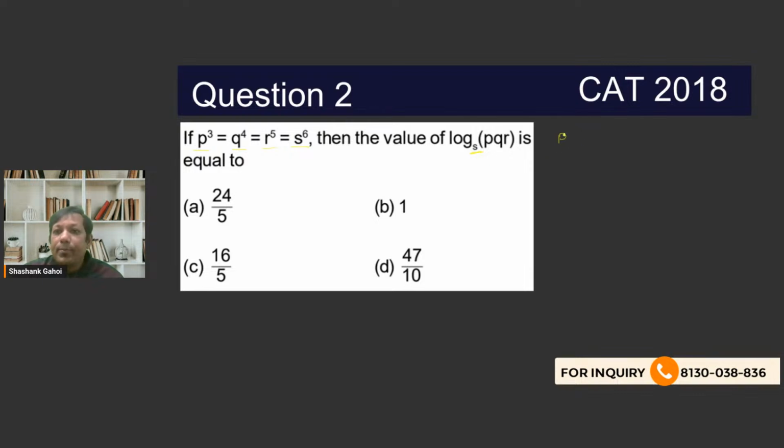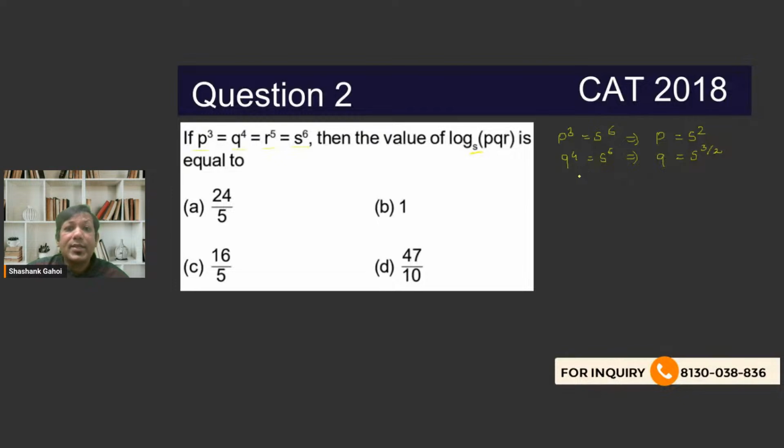So p cube is equal to s power 6. So from here I can say that p is equal to s square. Okay. q power 4 is equal to s power 6. So from here I can say that q is equal to s power 6 upon 4, so s power 3 upon 2.